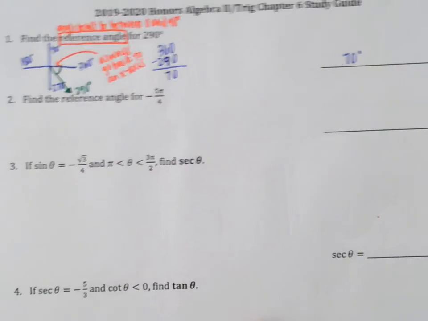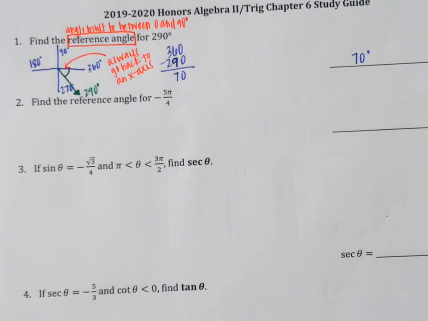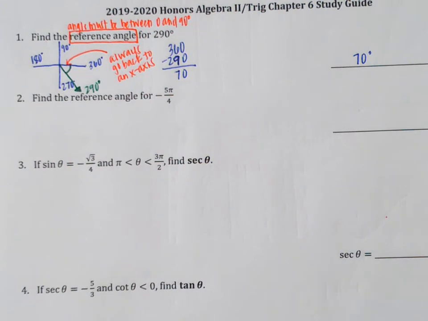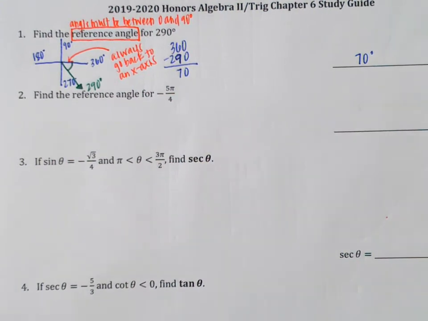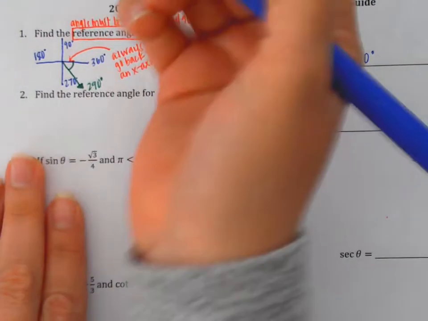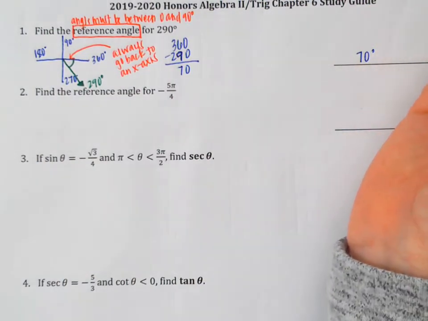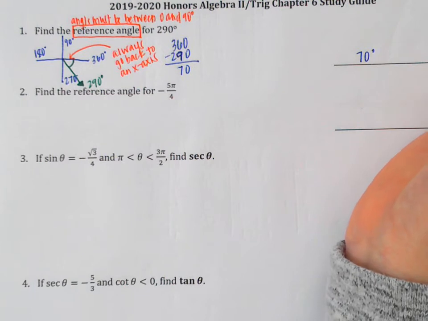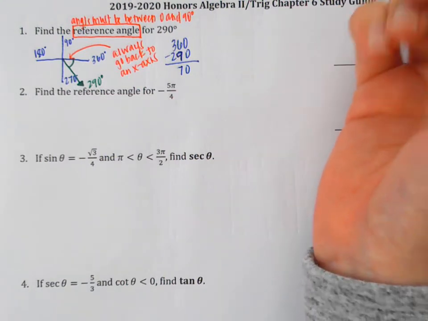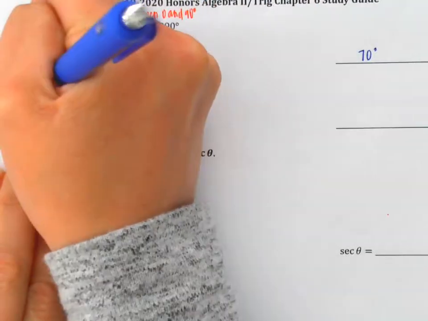So what we'd have to do is first get that positive. So we'd want to first find its coterminal angle. And if we really wanted to, we could also convert this to degrees. So I'm going to actually convert it to degrees because I know a lot of you guys prefer that.